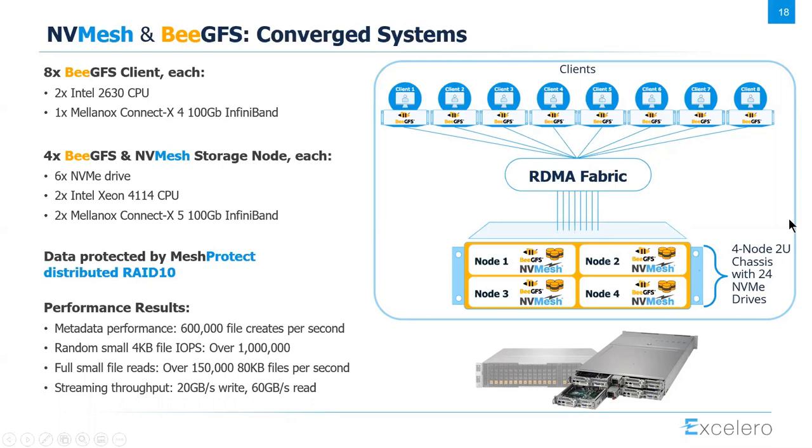So in the example that we have on the slide, we see that we have 4 servers, each with 6 NVMe drives, 2 Intel Xeons, pretty good ones, but not the absolute crazy insane ones, because neither BeeGFS nor NVMesh in fact require a very performant CPU. As Sven mentioned earlier, a lot of the trick comes to bypassing the CPU and avoiding load on the CPU.